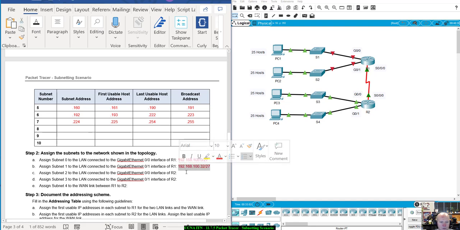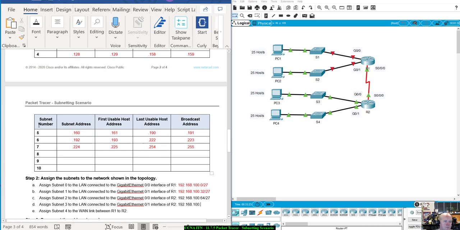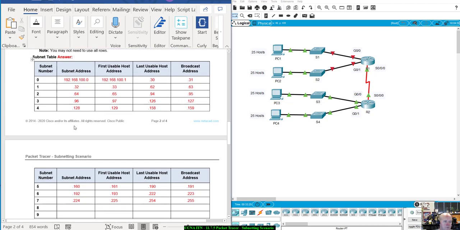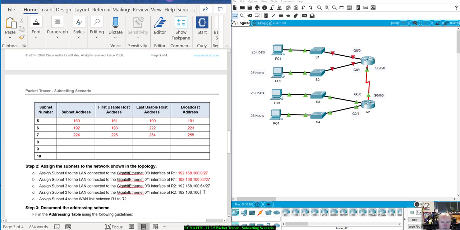Now all these should add up to being, if I just add 32 to the 4th octet, they should all be right. 192.168.100.64/27, 192.168.100.32, .64, .96, slash 27. All right, I'm going to make this red.